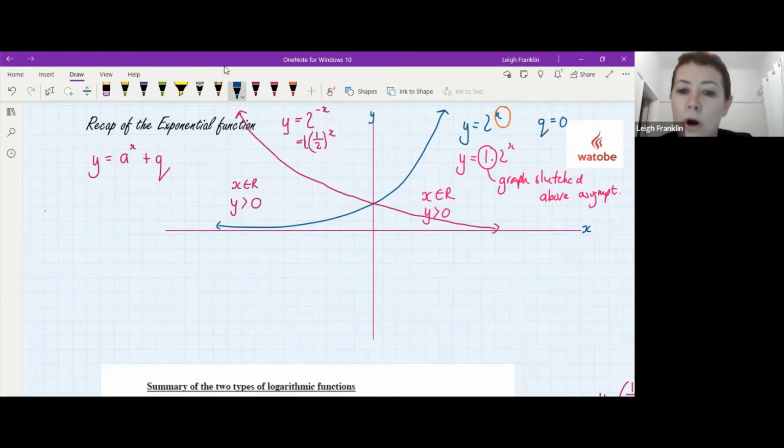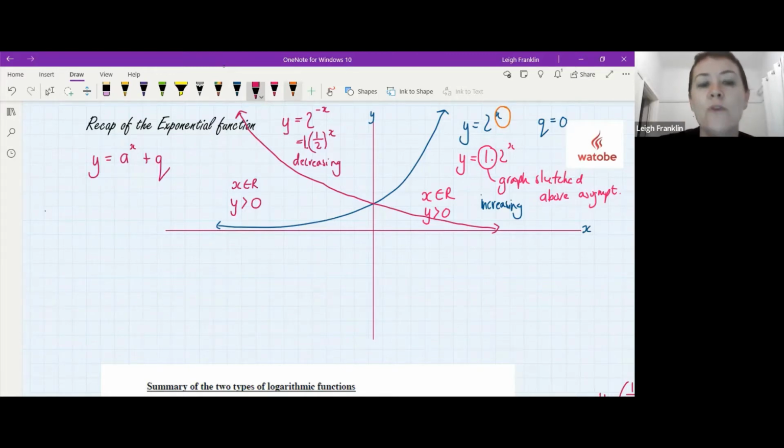The blue graph, wherever I measure gradient on the blue graph, it's always going to be increasing. And similarly with the purple one, wherever I measure gradient, it's always going to be a decreasing function. So we would say that the purple one is decreasing for all values of x, and the blue graph is increasing for all values of x. So let's take the blue graph and reflect it over the x-axis.